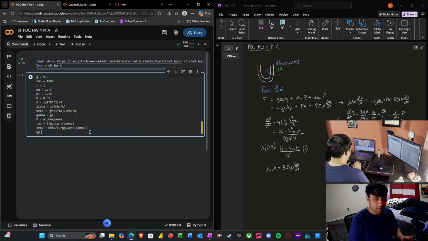And then we want to do our GP, which is going to be essentially the Laplace transform that we found.